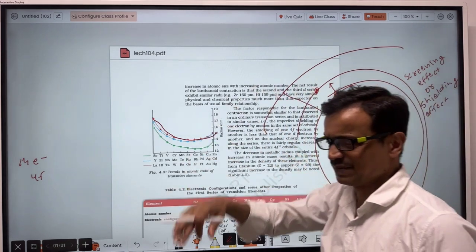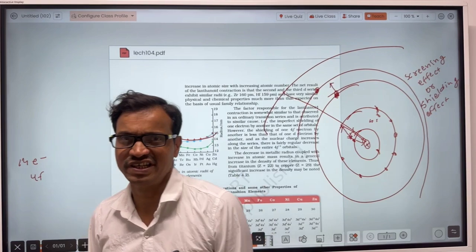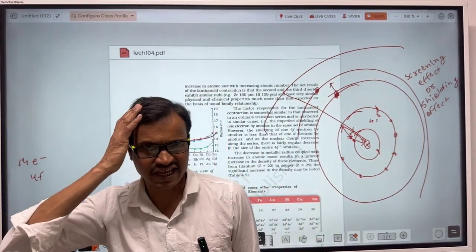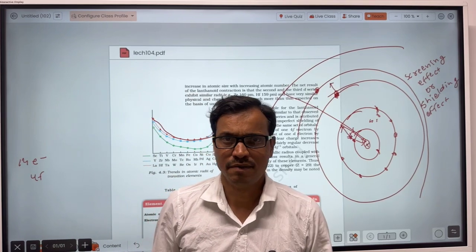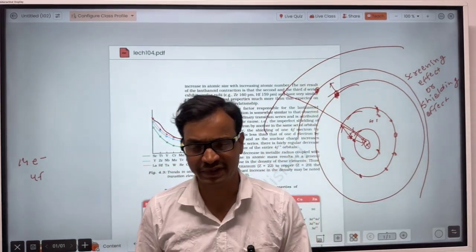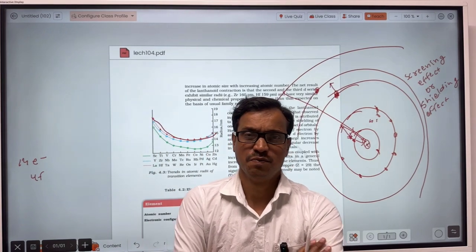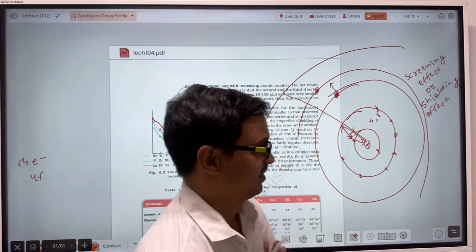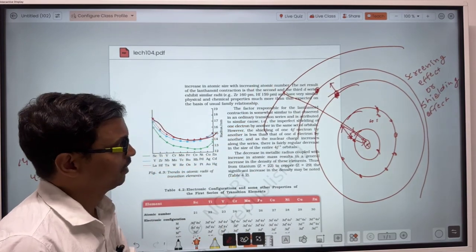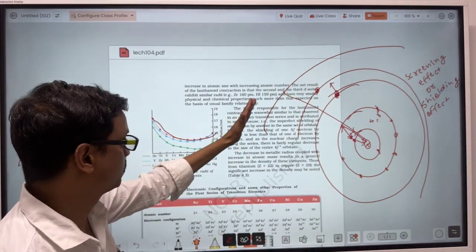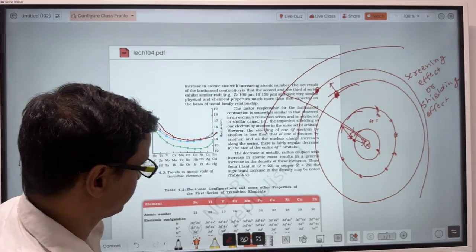But an electron has been added in the outermost shell, so there would be an increase in the size of the atom. But due to the poor screening effect of the 4f orbital, there will be a decrement, not much increment, in the atomic radii.